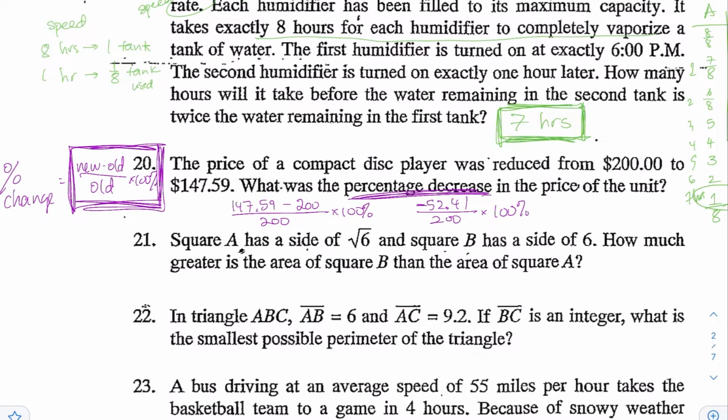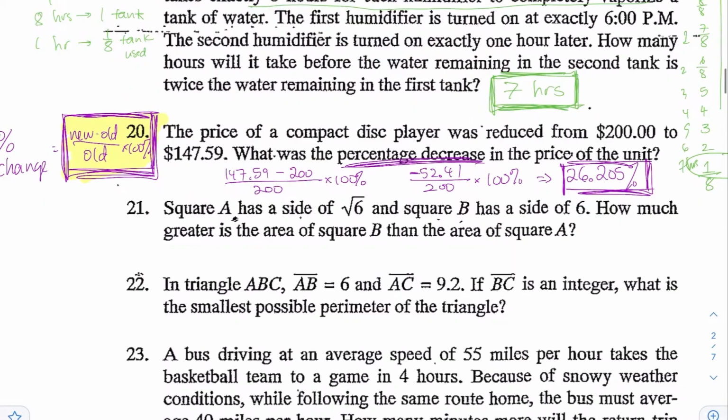So when you divide this number by 200, and then times 100%, you get 26.205%. So here you have to use a formula, new minus old divided by old times 100%.